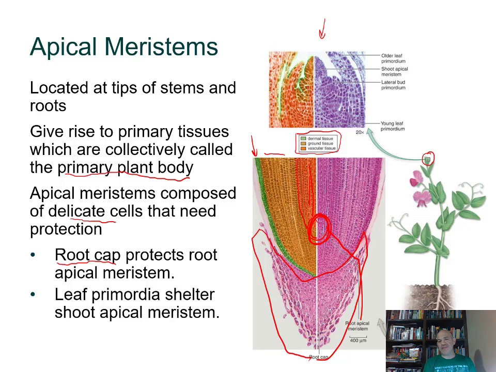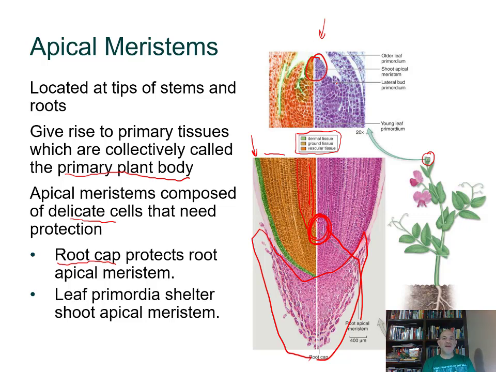If I had to guess, the left side of the picture is computer-generated color so that we can see the different tissues. And you can see those different tissues here in the shoot apex up here. But here's where your meristem is, and you don't have a root cap there. You don't need a nice structure there because this part's not trying to push through the soil.